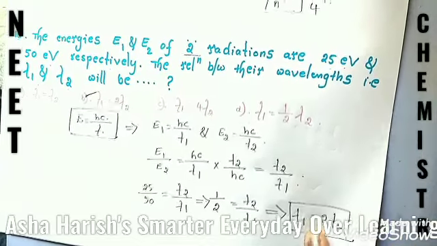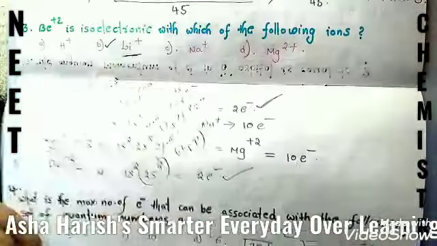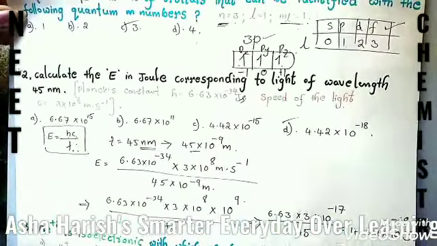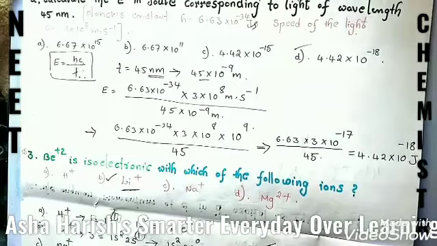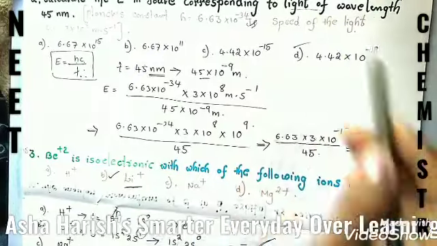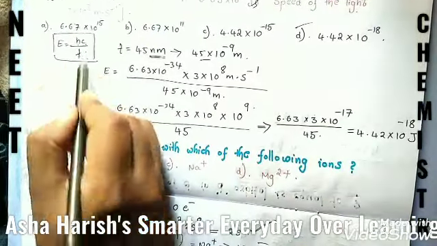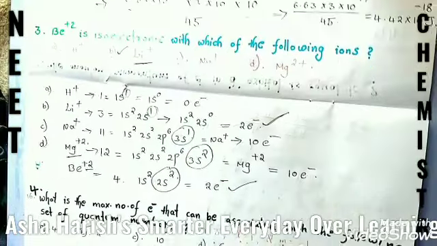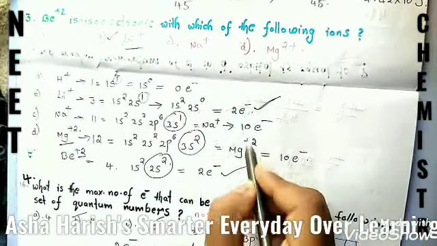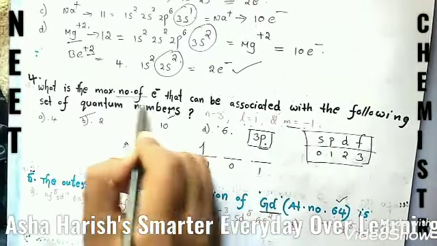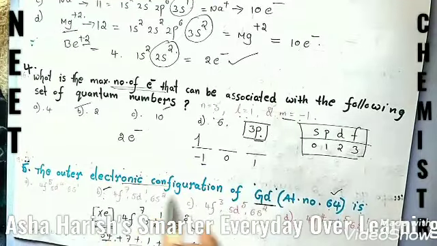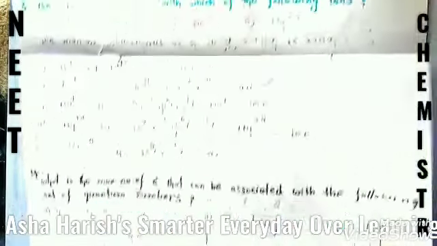Okay students, what we have learned in today's session, just recall them. The first one is the maximum number of orbitals, which we can find basing upon the tabular form, and the second one is the calculation of the energy in joules corresponding to the light of a wavelength basing upon the formula. Isoelectronic species also we did. And the next question, maximum number of electrons we found and the outermost electronic configuration for gadolinium.